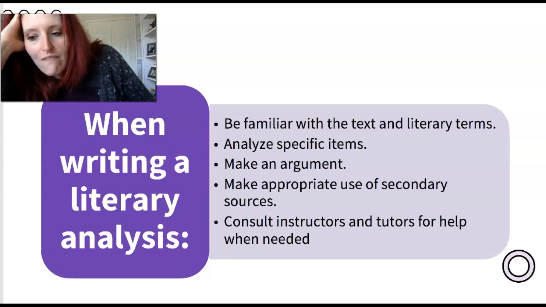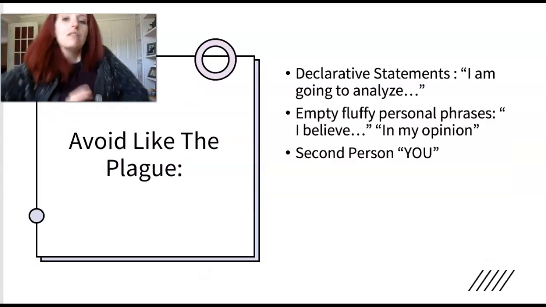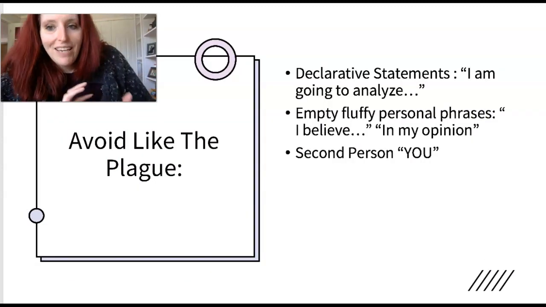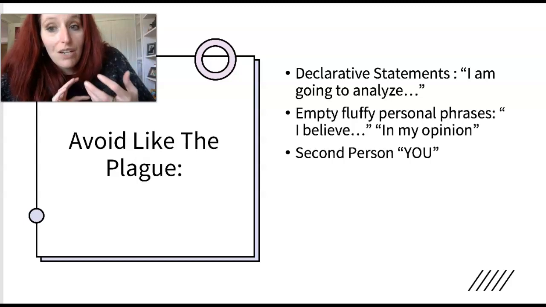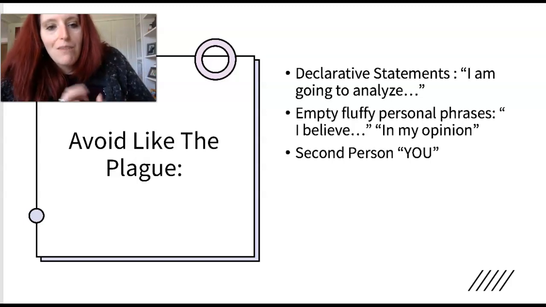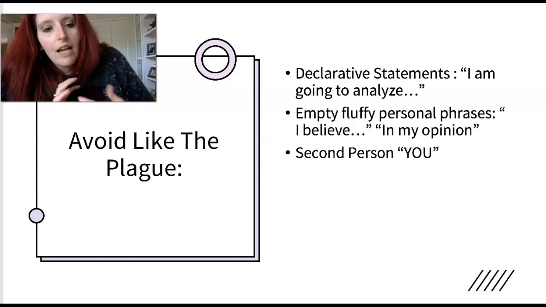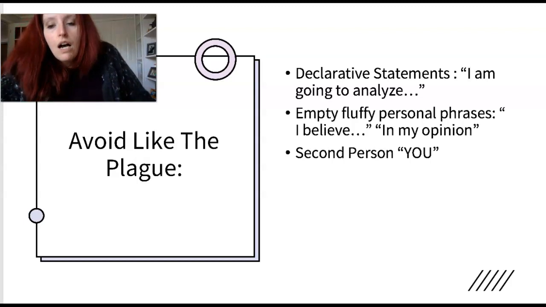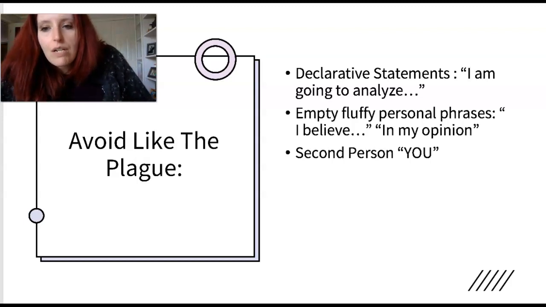And just one final thing that I want to throw out there, things that you want to avoid like the plague. You want to avoid declarative statements like "I am going to analyze" or empty, fluffy, personal phrases like "I believe," "in my opinion." Those are going to weaken your authority as a writer.